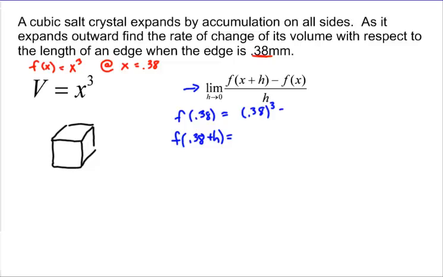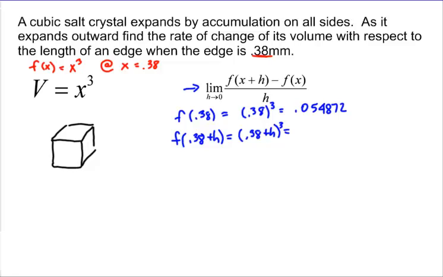And if my calculator hasn't deceived me, that's going to be 0.054872. And then this one would be 0.38 plus h cubed.